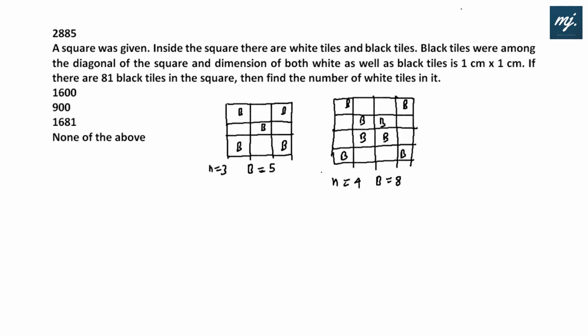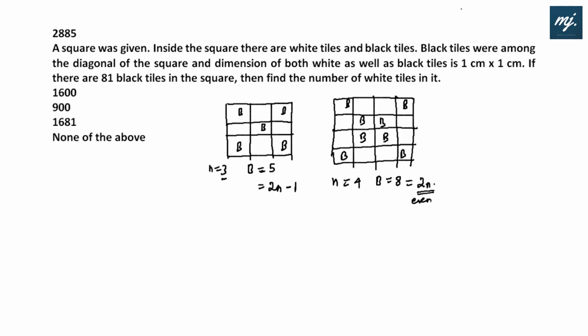And here goes the concept. If number of rows and columns are odd, the number of black tiles which are placed on the diagonal would be simply equal to 2n minus 1. And if n is even, number of black tiles placed on the diagonal should be simply equal to 2n.